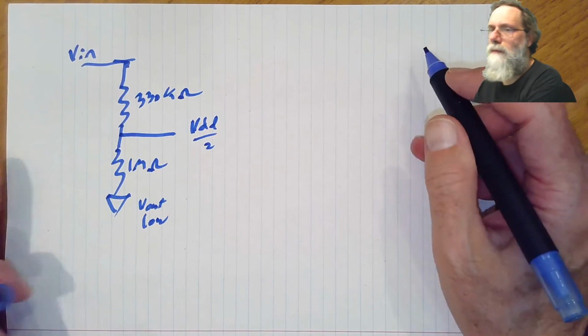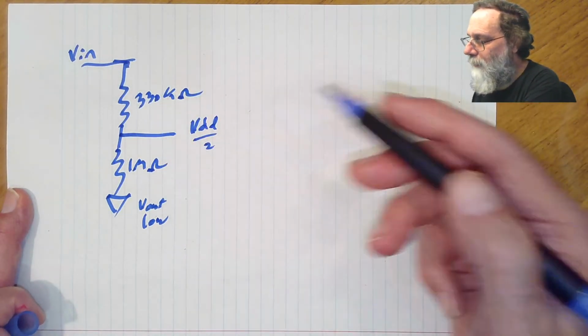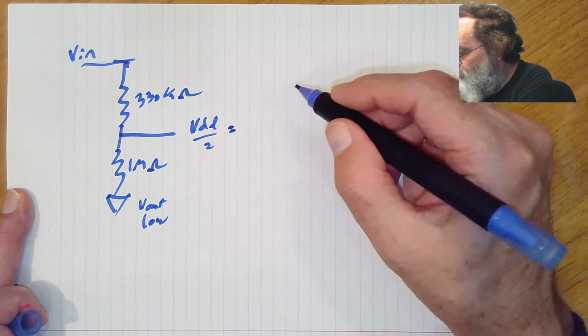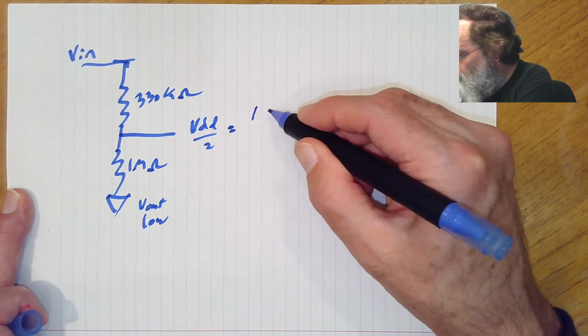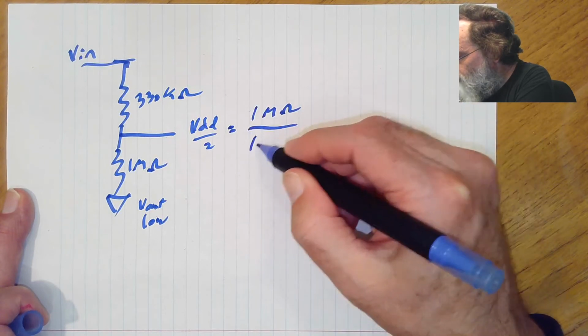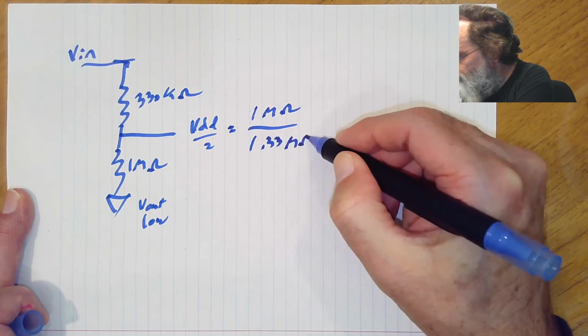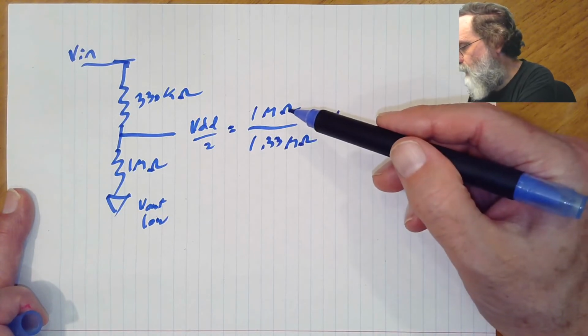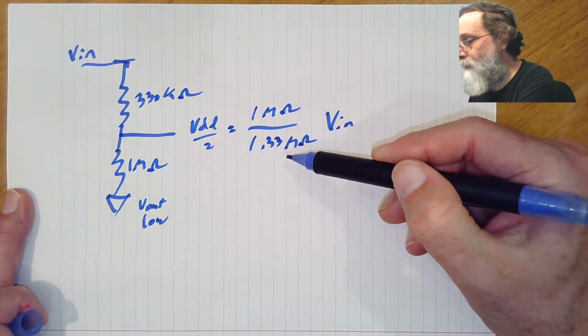Well, we can just do the voltage divider equation here. VDD over 2 equals 1 mega ohm over 1.33 mega ohms times Vin. And let's see, that's about 3/4 here.